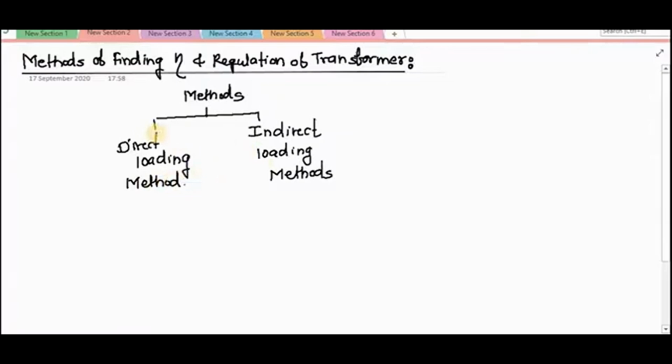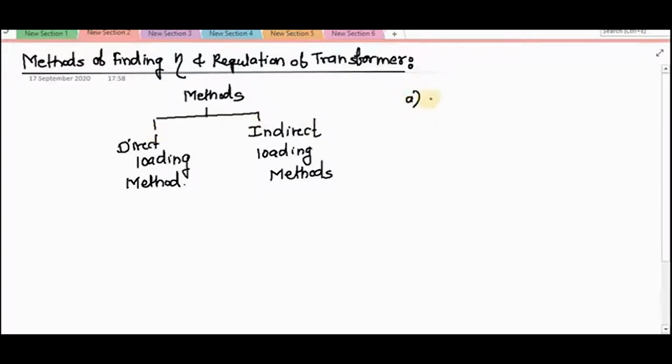So the efficiency and regulation of the transformer at any desired load and power factor can be found out by, first, direct loading of the transformer and, second, indirect loading.